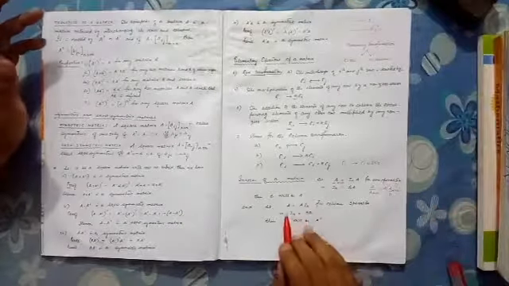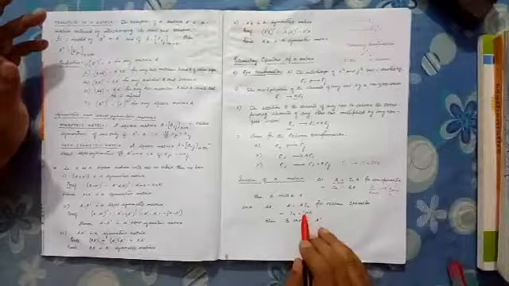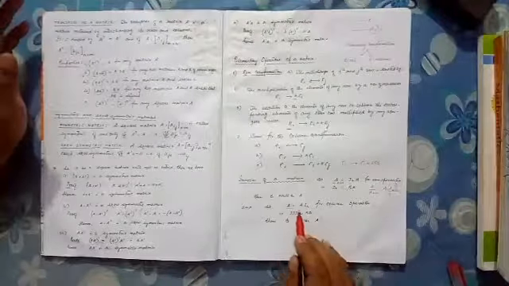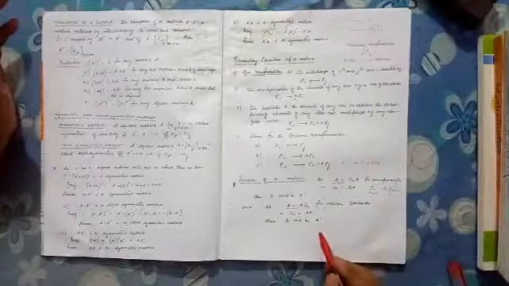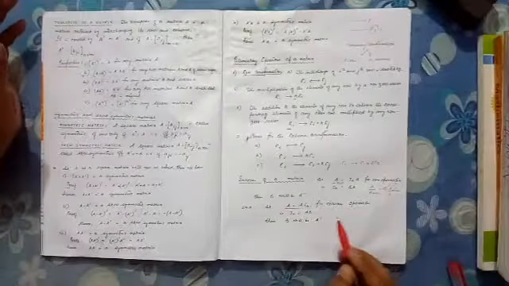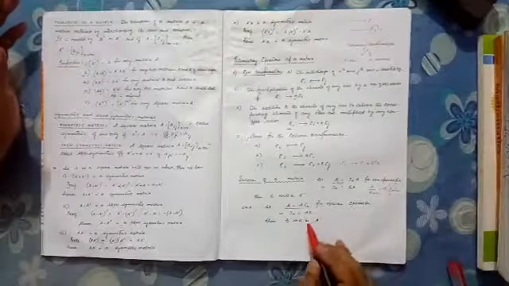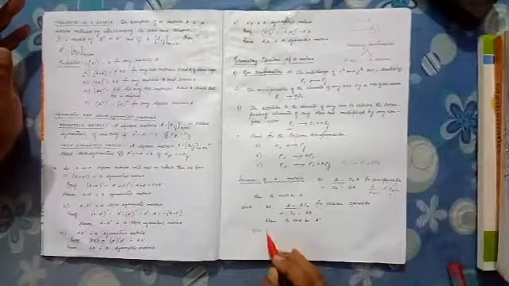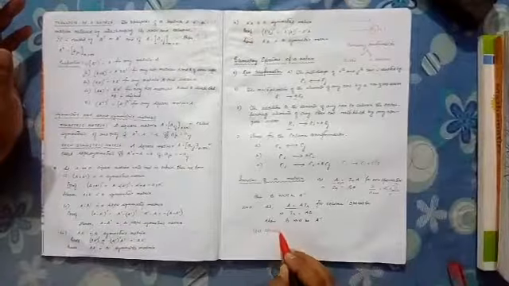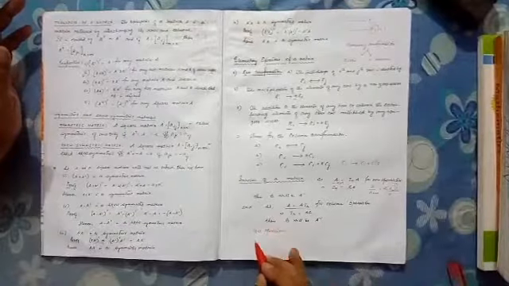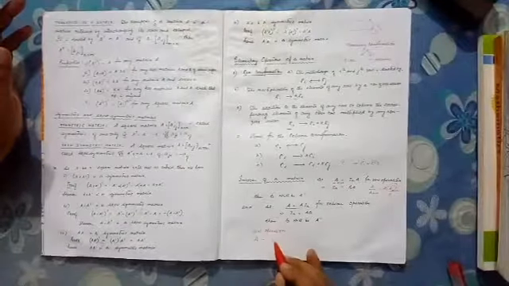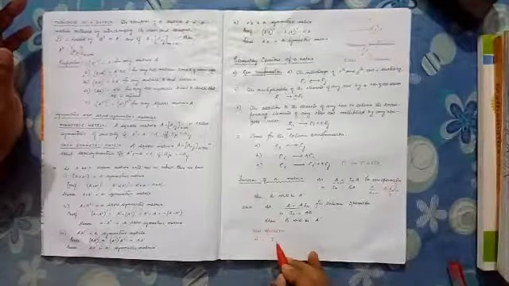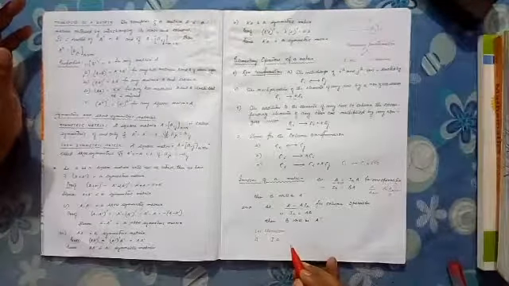Let A is equal to A into In. For column operation, we have to write in this way. And for row operation, we will write matrix A is equal to I into A, where I is the unit matrix of the same order.